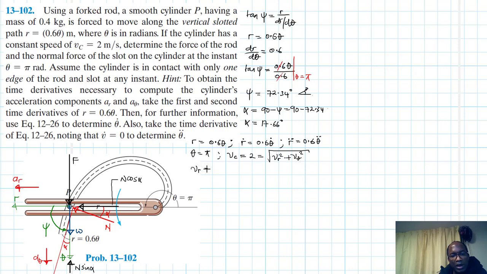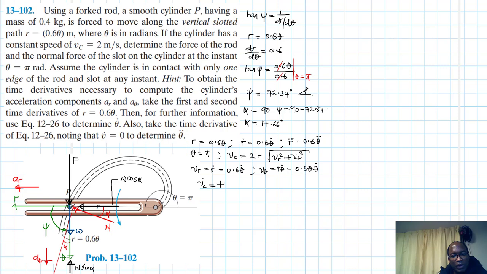Our Vr is just equal to r dot, which is 0.6 theta dot. And our V theta is equal to r theta dot, which is 0.6 theta dot. So now from this we are able to find our VC.